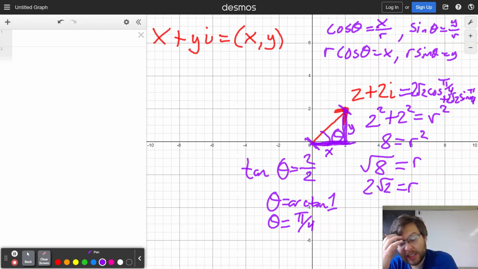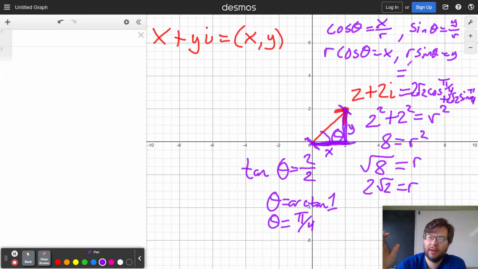Now you might be wondering, that is great, but that seems like more writing than 2 plus 2i. And you're right. There's a shorthand that people use. Oops, I should have put an i on there, because the y value has an i on it. So we have 2 root 2 cosine pi over 4 plus 2 root 2 i sine of pi over 4.